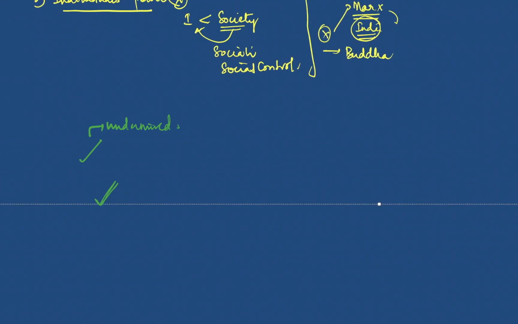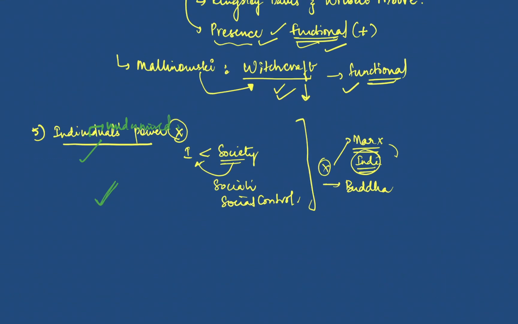Now let us move forward and do the other parts of Emile Durkheim, right? The second part that we have to do here is exactly the religion and society part of Emile Durkheim.